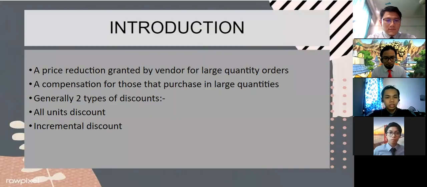So a quantity discount model is basically a price reduction granted by the vendor for large quantity orders. It's a compensation for those that purchase in large quantities, meaning that if you purchase more, you'll get a discount for that large quantity that you purchase. Basically there are two types of discounts, all units discount and incremental discount.